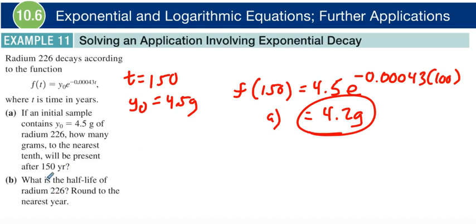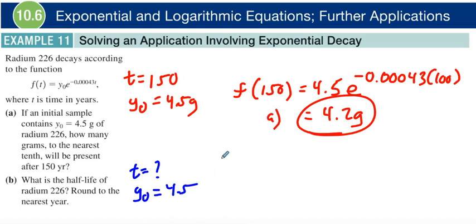And then for part B, what is the half-life of radium 226? How long is it going to take for this to actually cut in half? We'll see hundreds, thousands, millions of years. We'll find out now. We can use the same formula right here. Our time is what we don't know, so that's what we're looking for. We know the initial value is 4.5.